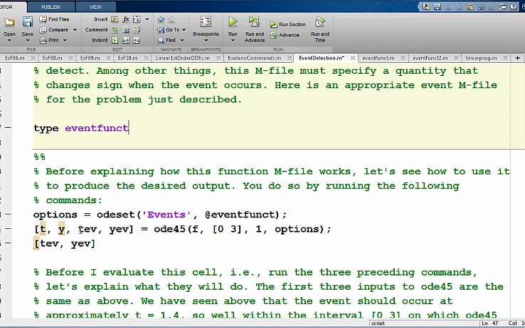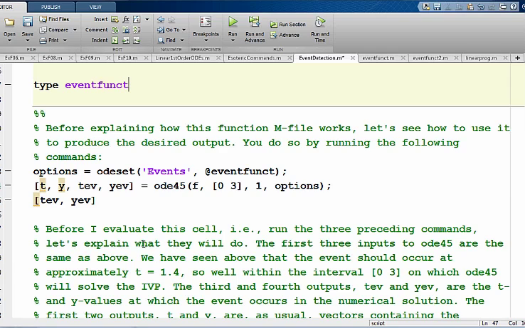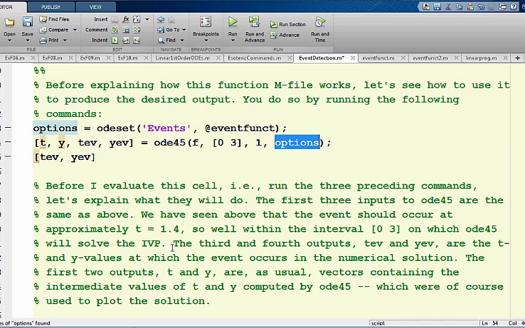So here are 3 commands that will do the job for us. Before I evaluate the cell, let's explain it. So the first 3 inputs to ODE45 right here are exactly as before. Then it has a 4th input called options, which takes the output of ODE set and tells ODE45 to cough up some information.